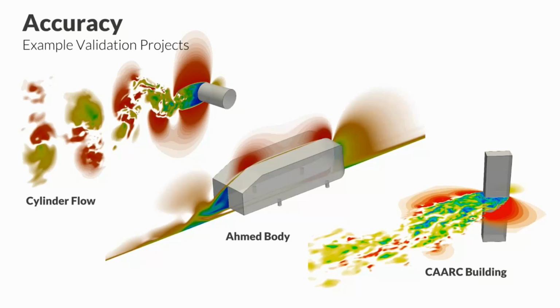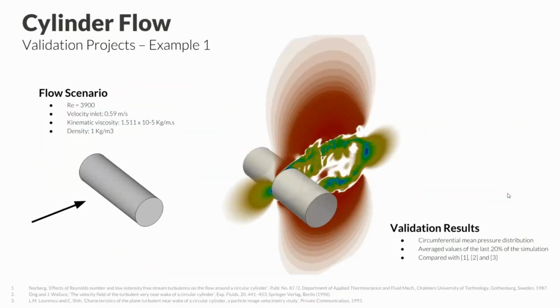All of them are publicly available. You only need a free SimScale account, and you can take a look at them. We'll first take a look at this rather academic example of the cylinder. Afterwards, the Ahmed body from the automotive sector, and then last but not least, the one we're targeting at the moment, the AEC sector.